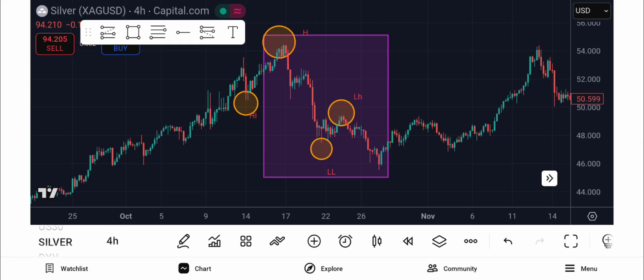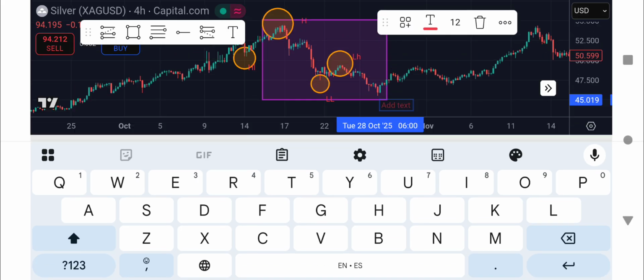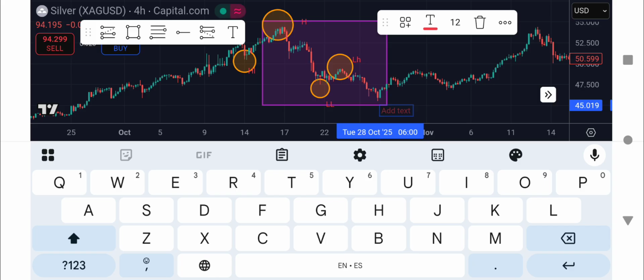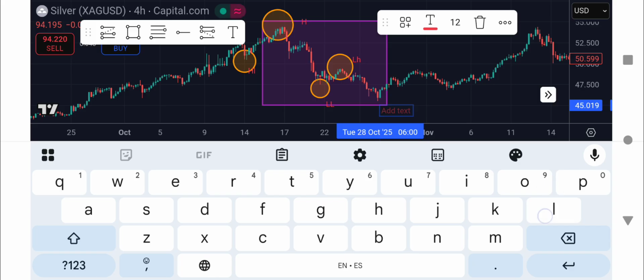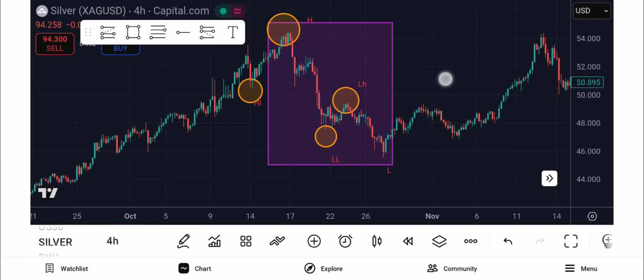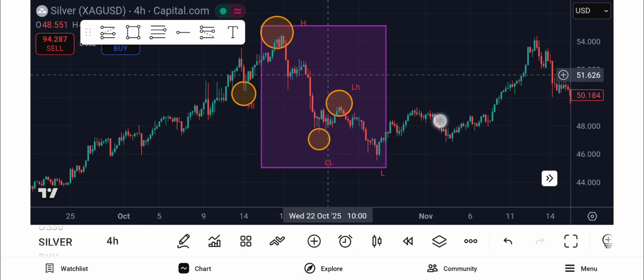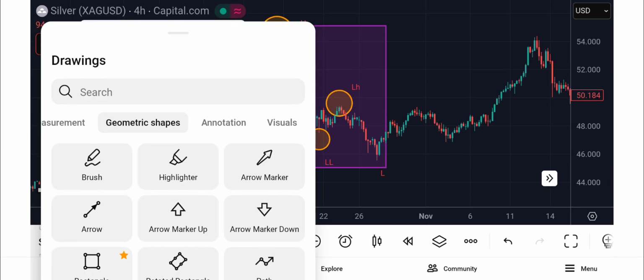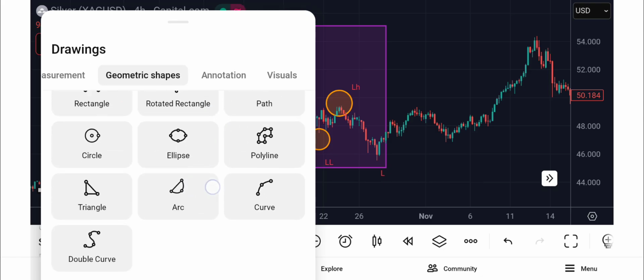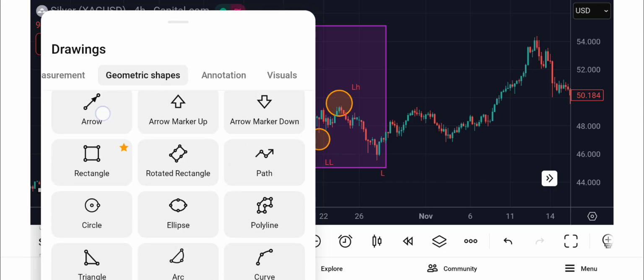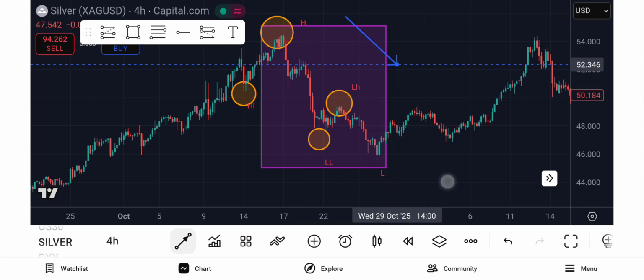It formed a lower low and went up and formed a lower high. Then this lower high went back down, took out this lower low to form a low right here. That's how we know it's been going down. That's how we can identify if it's a downtrend, if it's a bearish trend, and we're looking for entries. As long as it keeps making lower highs and lower lows, it's considered a downtrend.